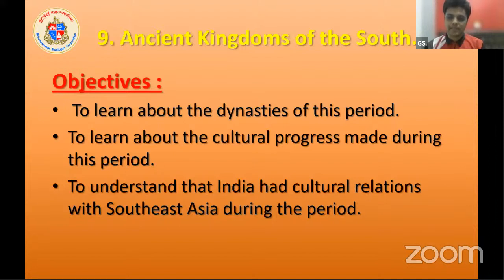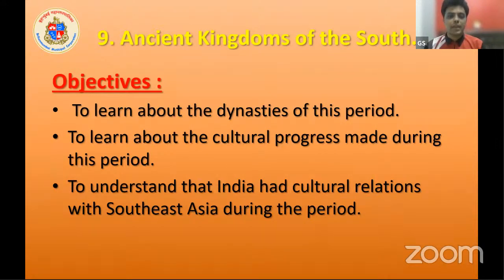We have learned about them. The second objective was to learn about the cultural progress made during this period. According to the second objective, we have learned about the areas, extent and the boundaries of the kingdoms in the South. We have got some information about the important rulers of each and every dynasty.